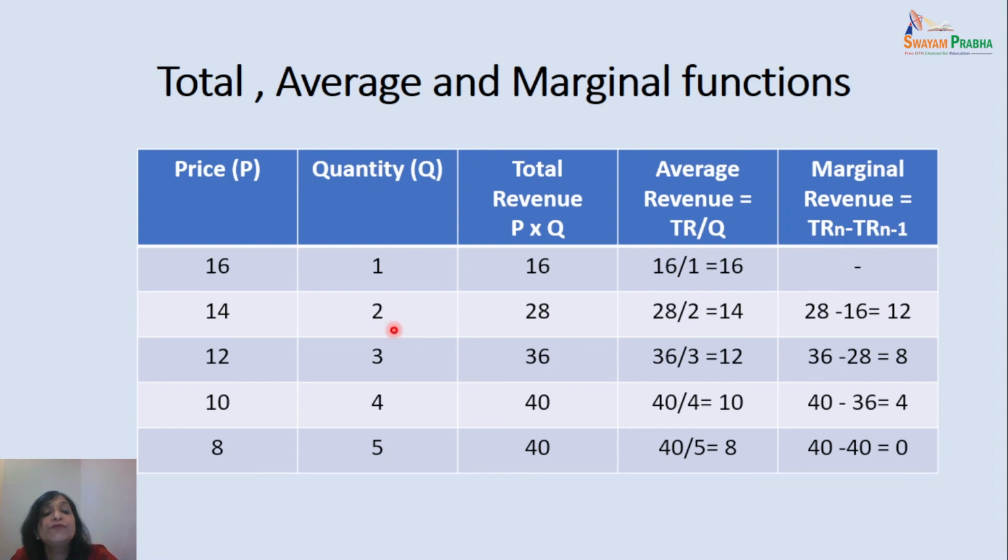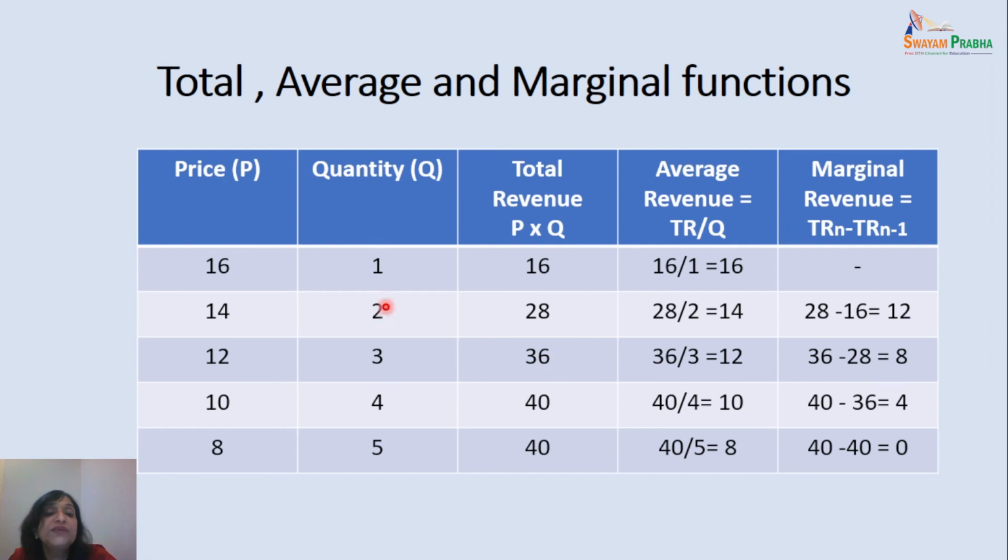When I was selling 1 unit, my total revenue was 16. I sell 1 extra unit, that is 2 I am selling now. My total revenue has increased to 28. How many units has the quantity changed? Earlier I was selling 1 unit, now I am selling 2 units. How much extra are we selling now? 2 minus 1 is 1. 1 extra unit I am selling.